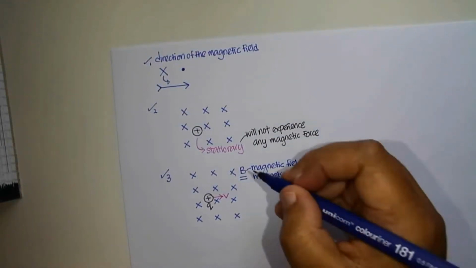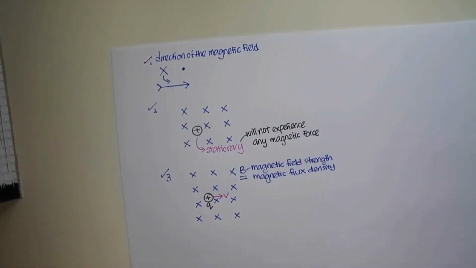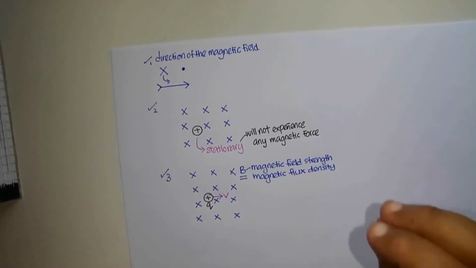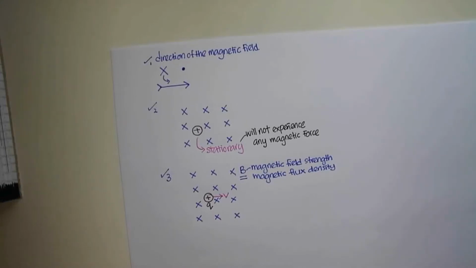Okay, so what is the value of B? B is a magnitude, actually. It's a magnitude of how strong the field is. So it has two names: either magnetic field strength or magnetic flux density.